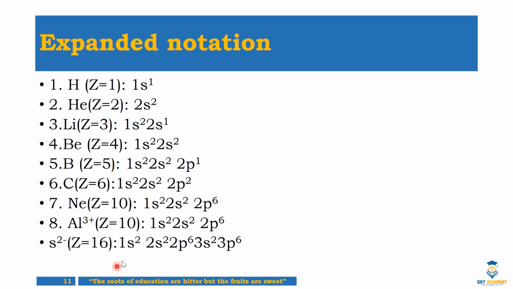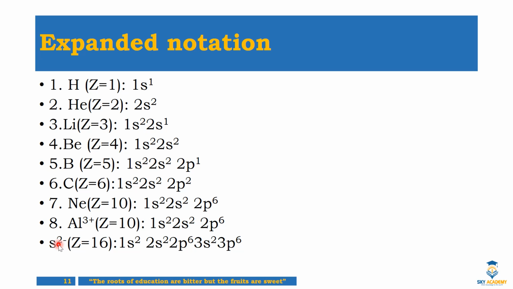So we have 1s2, 2s2, 2p6, 3s2, 3p6. We have 2, 2, 10, 18. Sorry. Sulfur has the atomic number of 16.